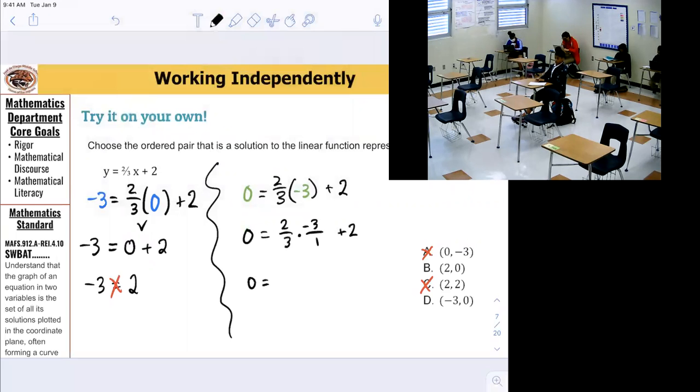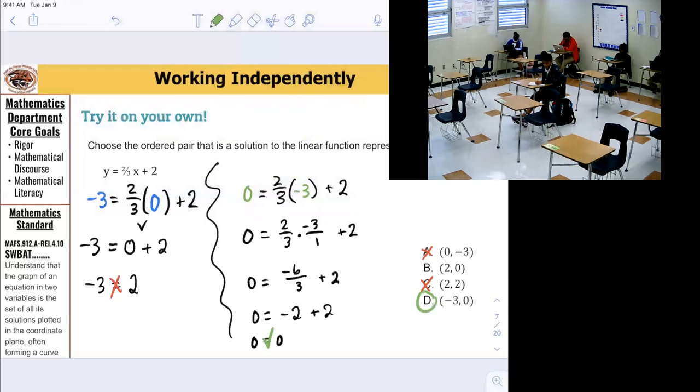On the numerator, 2 times -3 is -6. The denominator is 3. And what's -6 divided by 3? -2. So this is -2 plus 2. And what's -2 plus 2? 0. So that one is the only one that works out.